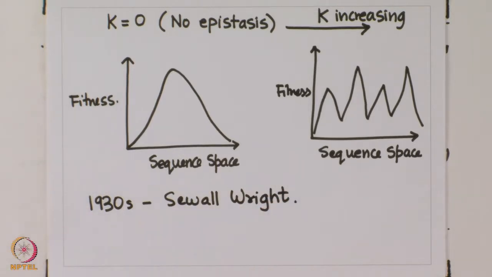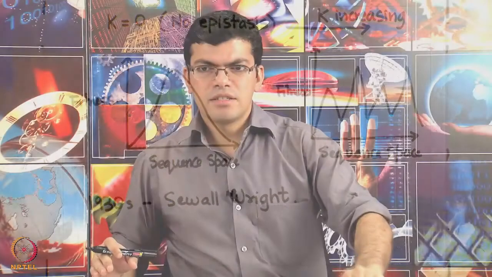He had proposed this as a mathematical concept, and it's really in the last few decades that experimentation has gotten to such a degree of sophistication that allows us to capture the structure of these fitness landscapes experimentally. Let's continue our discussion on these binary sequences, because these help clarify ideas about fitness landscapes and give us some very useful insights into what could happen when populations are moving on these landscapes.